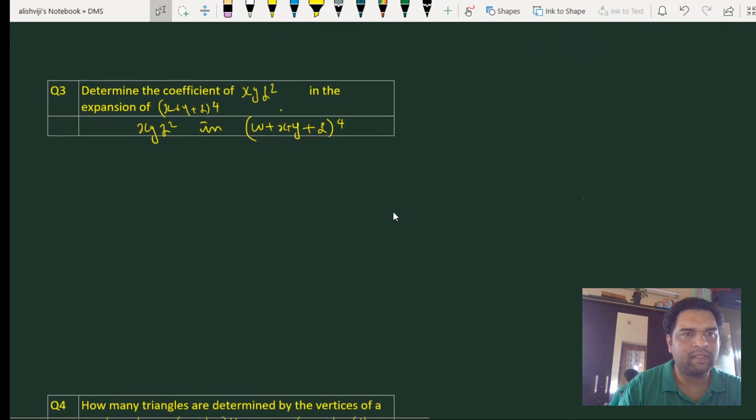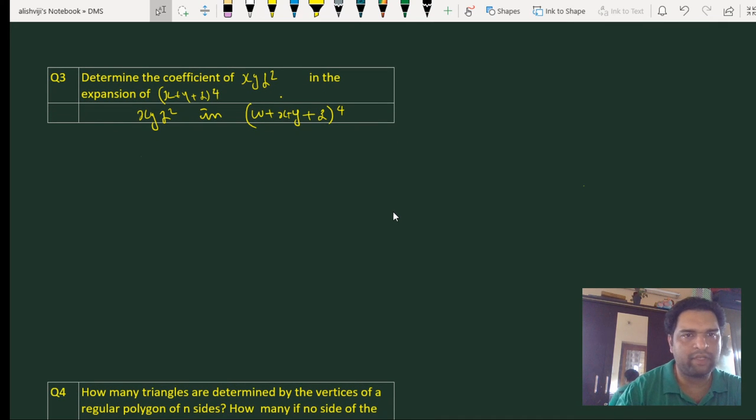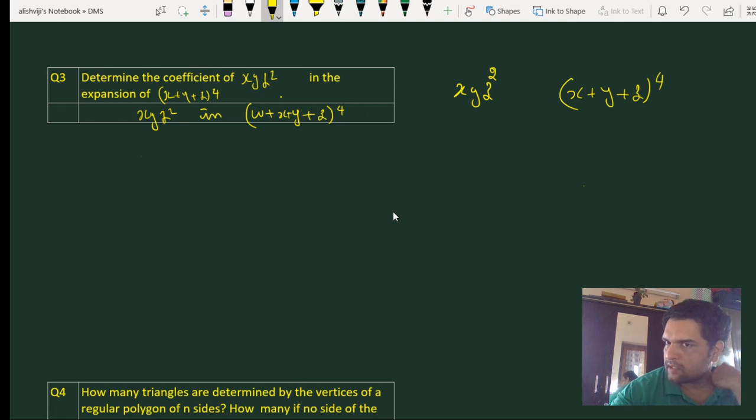Now, determine the coefficient of x y z squared in the expansion of (x plus y plus z) all raised to 4. We can expand (x plus y plus z) raised to 4 using the multinomial expansion and identify the coefficient. That is possible.